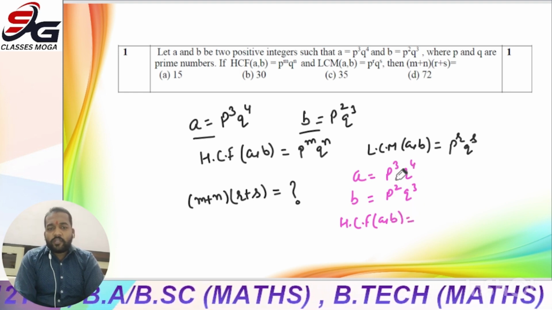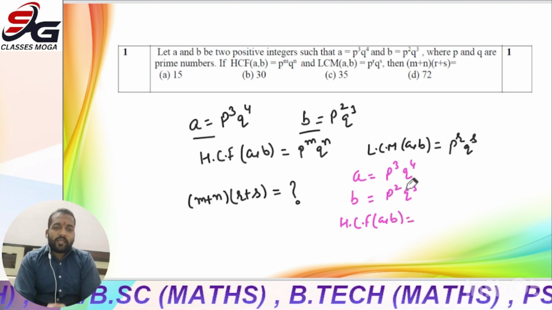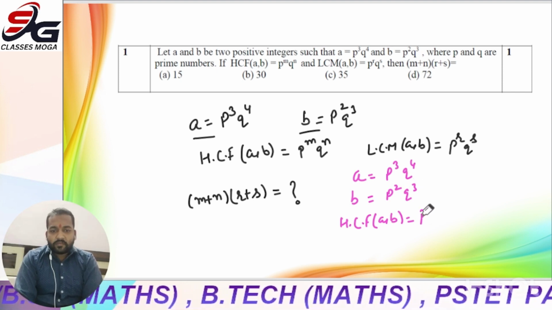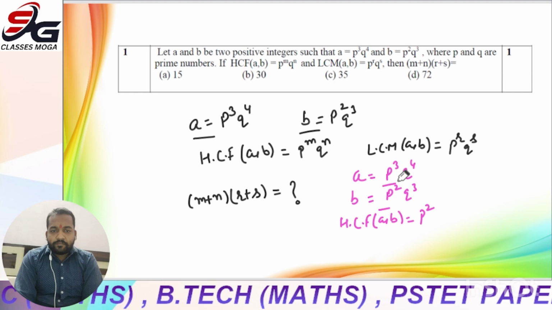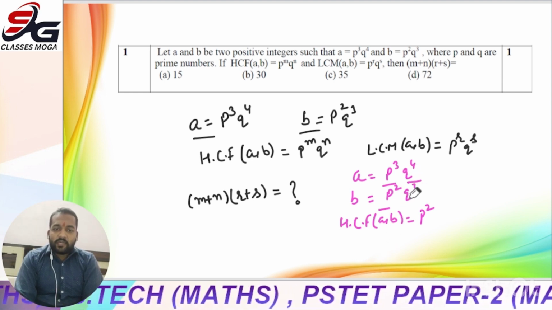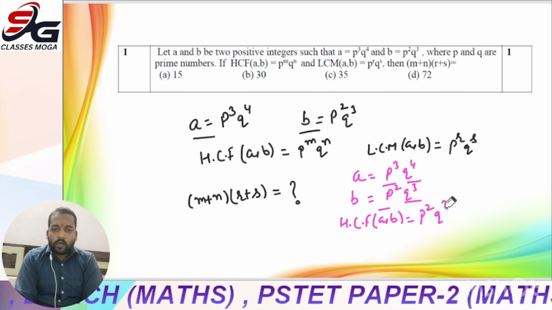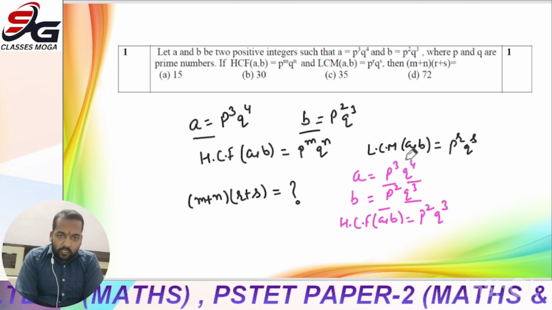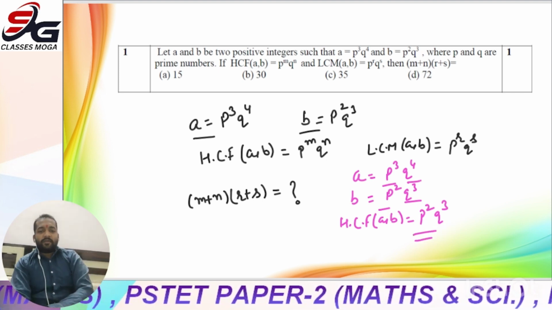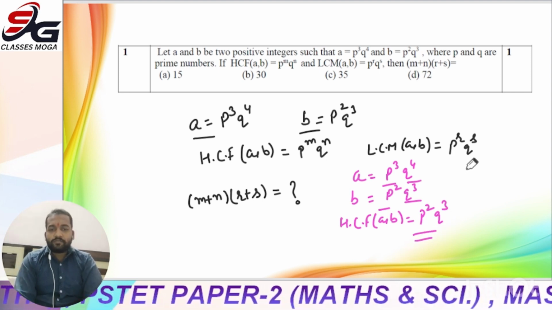In HCF we have to take the lower power of the common factor. So P square is common out of P cube and P square, and here Q cube is common out of Q4 and Q3. So HCF of A and B is P square Q3.